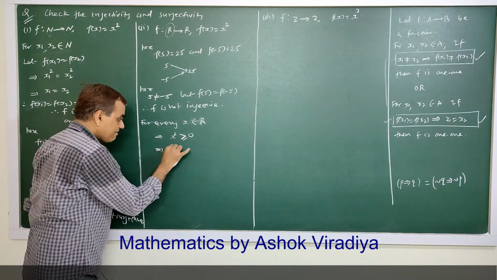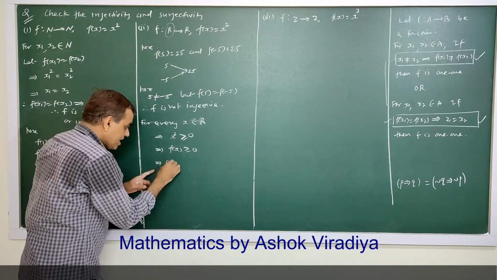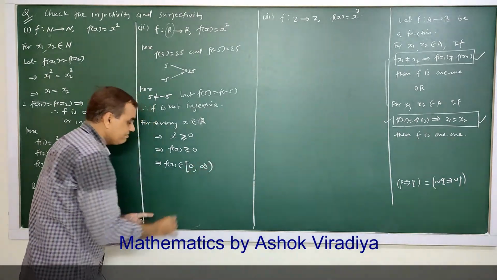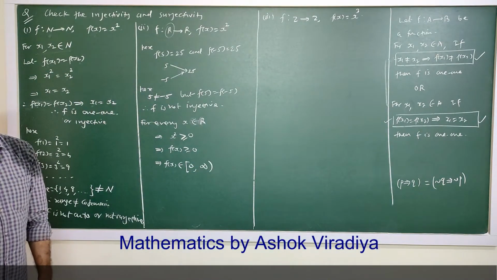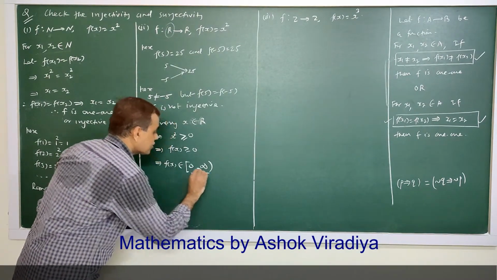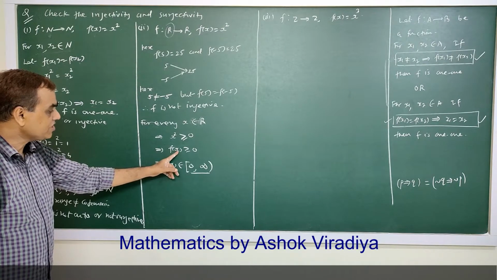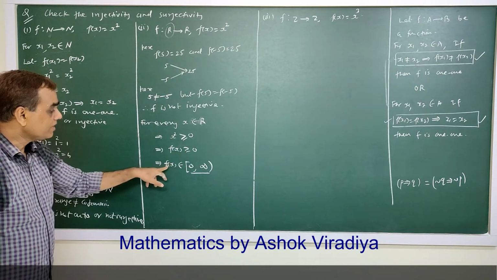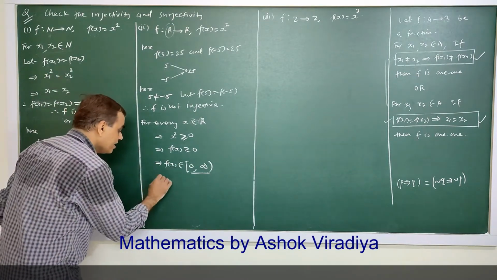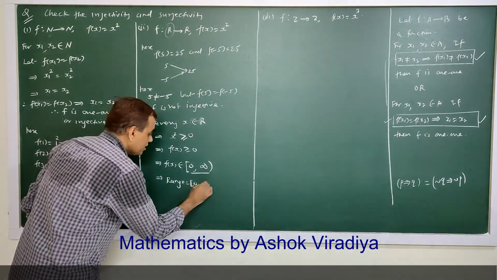That means fx is greater than or equal to 0. That is fx belongs to closed interval 0 to infinity. And set of fx, that is range. Values of images are greater than or equal to 0, means set of fx is closed interval 0 to infinity. So range is closed interval 0 to infinity.